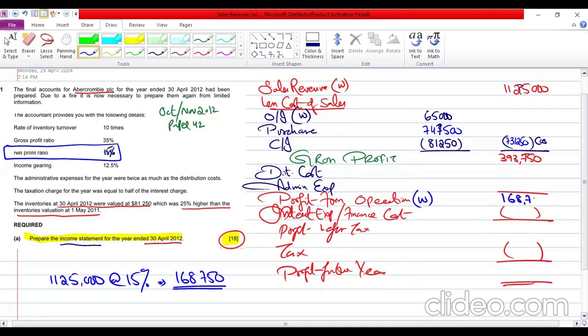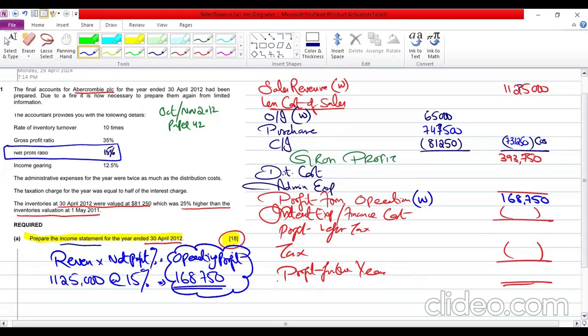Always remember, when we apply revenue multiplied by net profit percentage, the answer is operating profit. It's not the final net profit, it is always the operating profit. Any problem? No problem.